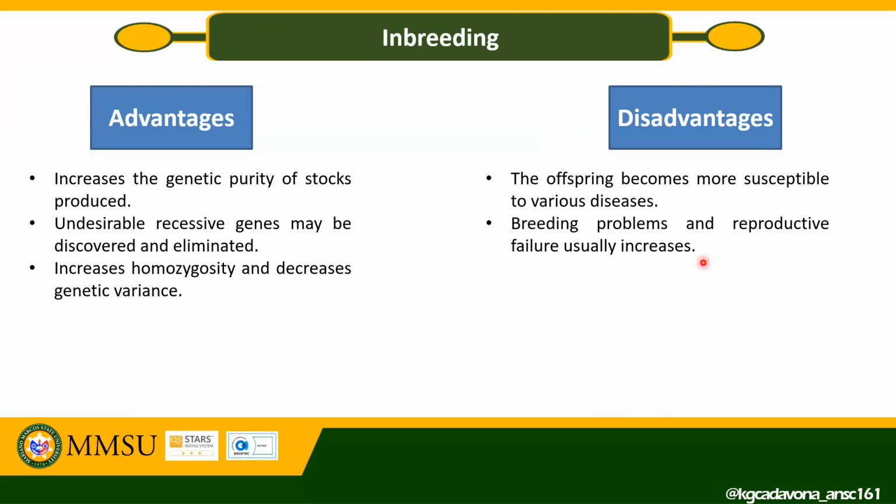Breeding problems and reproductive failure usually increase. So what are the possible tendencies? There might be retardation of physiological maturity, meaning they do not grow as fast. Then there is a high risk or possibility of abnormalities, for example hernia or cryptorchidism.